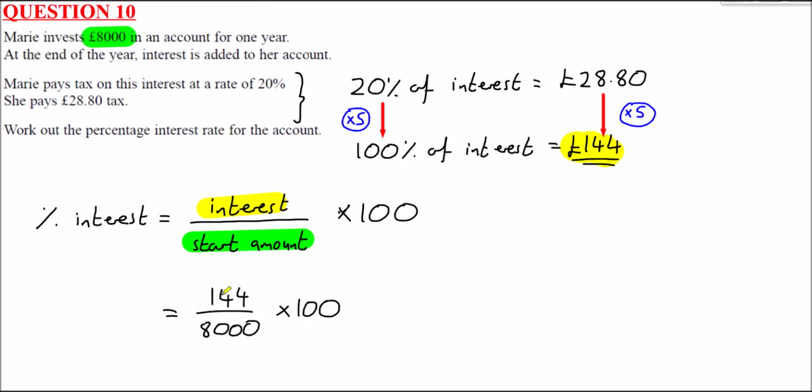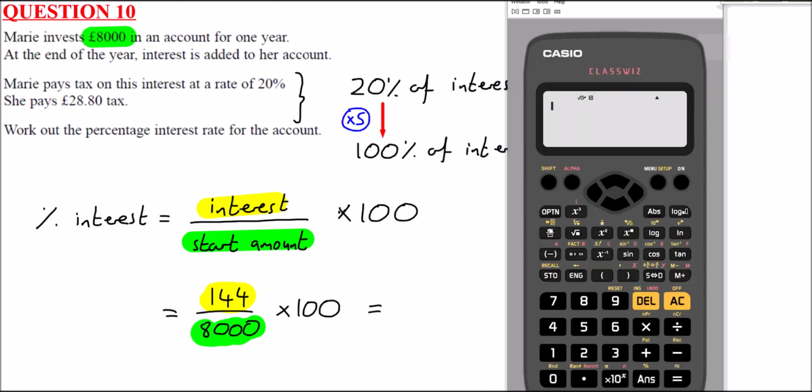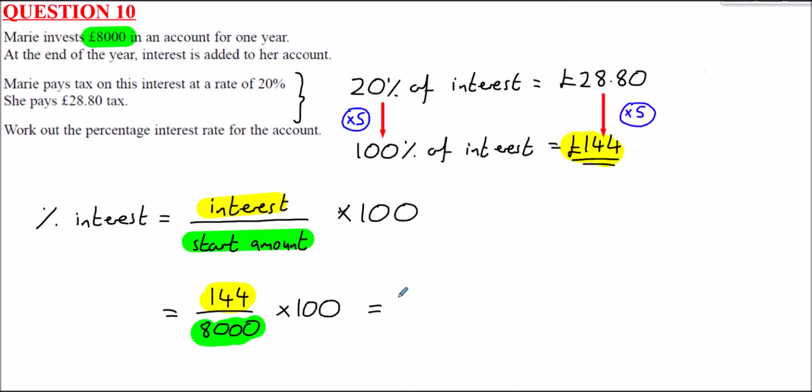So fairly straightforward now, really. Just button bashing on the calculator essentially. So 144 over 8,000, times 100 gives us 1.8. So we've got 1.8%.